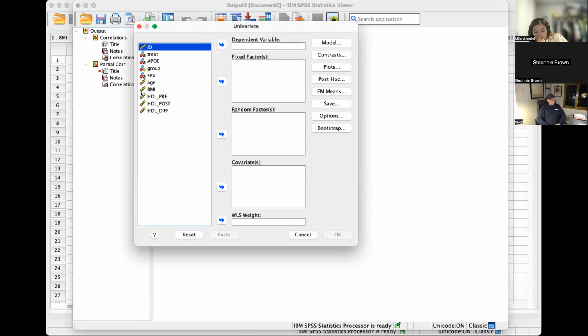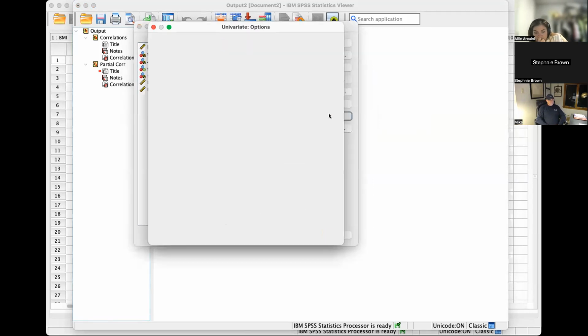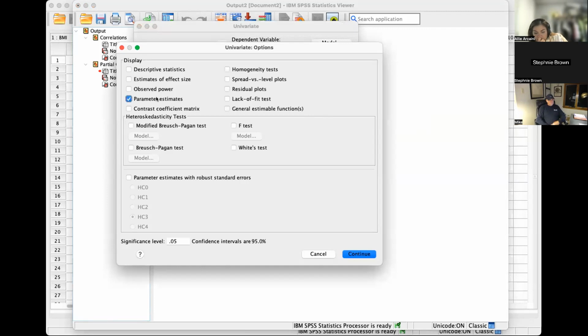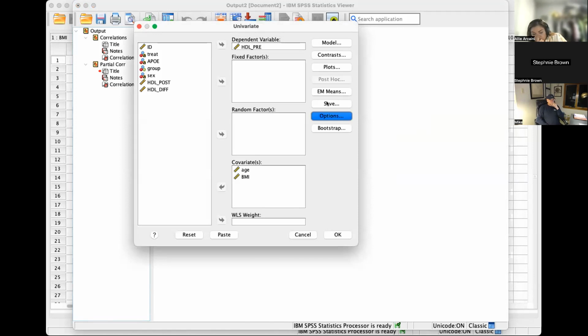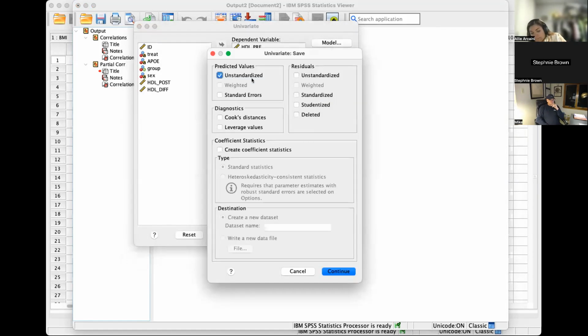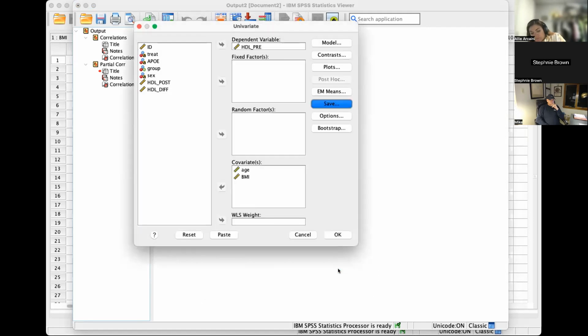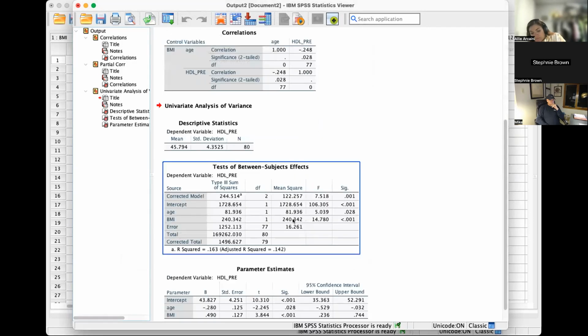So my dependent is HDL, age and BMI are my covariates. Remember covariate because they're numeric. Always options, parameter estimates. And then I'm also going to ask for the predicted values, unstandardized, and the unstandardized residuals. Click OK.